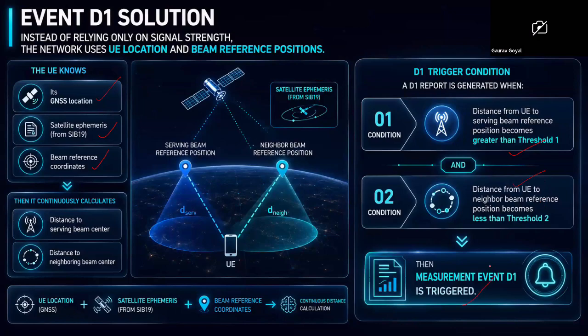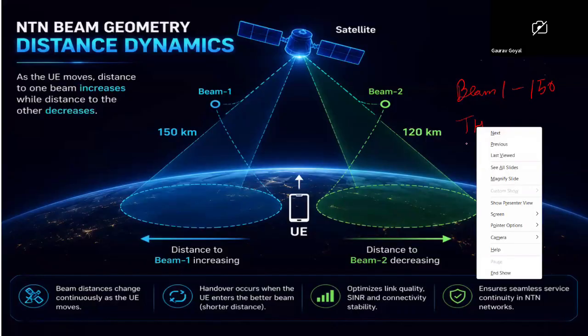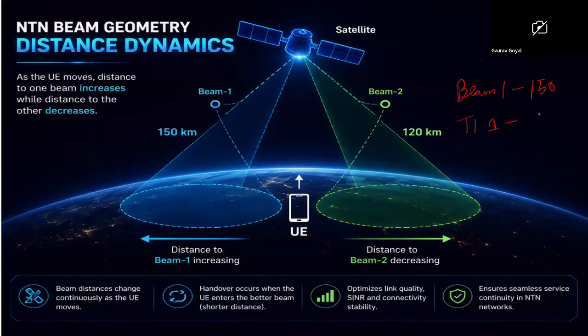Let's take one example. Suppose beam 1 is at 150 kilometers and our threshold 1 is, say, 140 kilometers. Since 150 is more than 140 kilometers, the threshold 1 condition is satisfied.